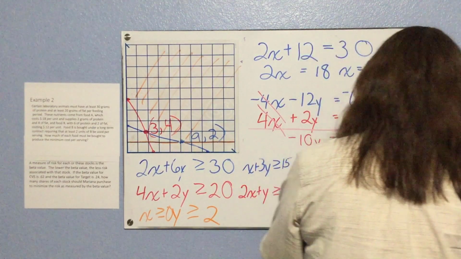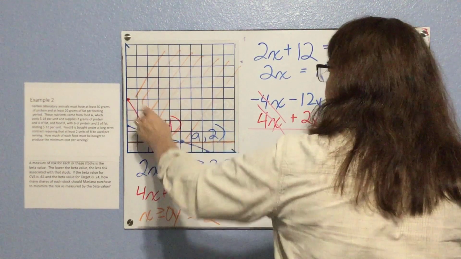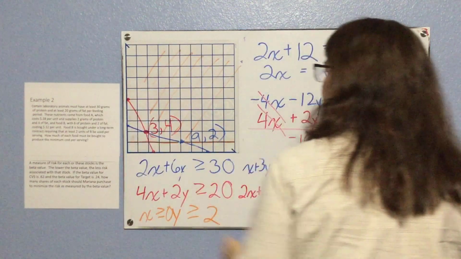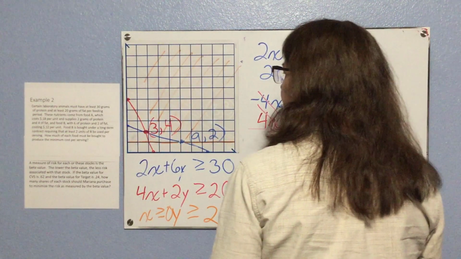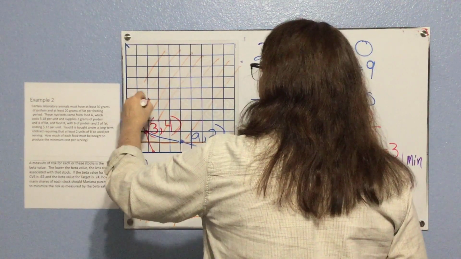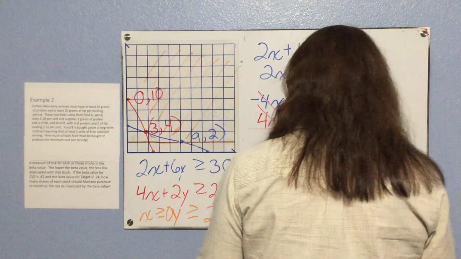And then last, I have my corner point up here. And we know that that had a y-intercept of 10, so this is 0, 10.